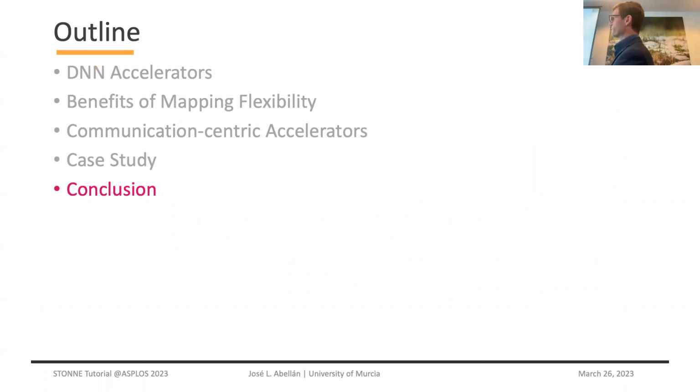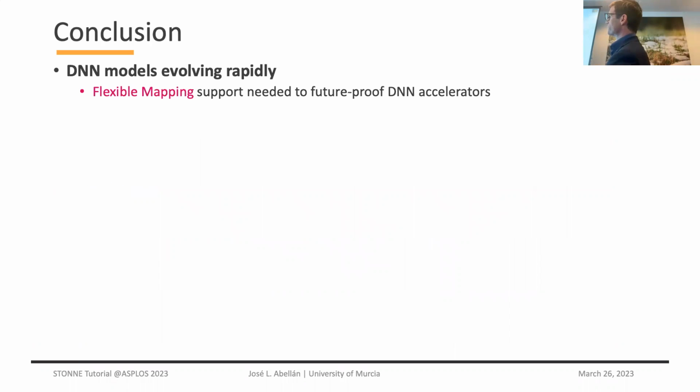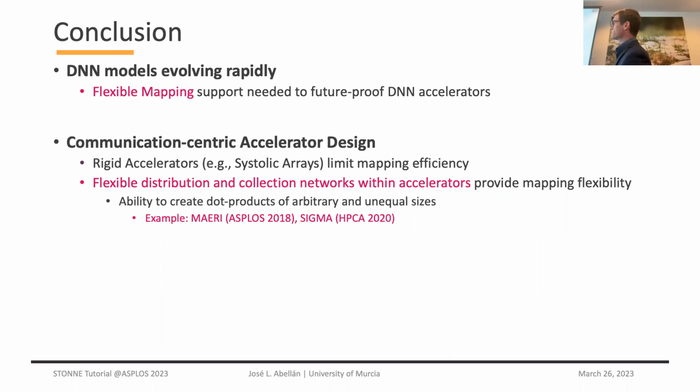in a non-blocking fashion. So just to conclude this first part: first, DNN models are evolving rapidly. We need flexible mapping.